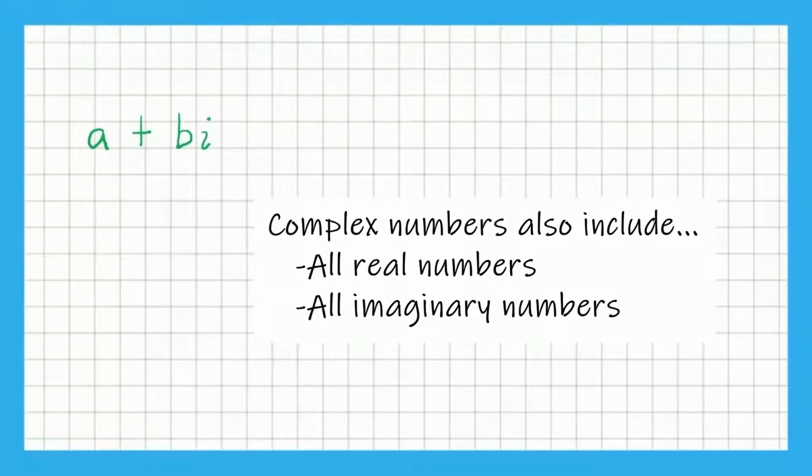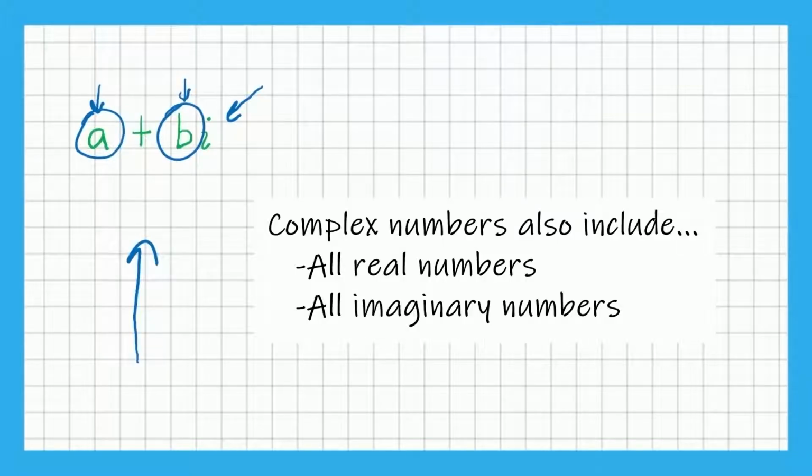So first of all, a complex number is defined as a number that can be written as a plus bi when both a and b are real numbers and i is the imaginary unit. Now it's very important to realize that a and b could be 0, because 0 is a real number.